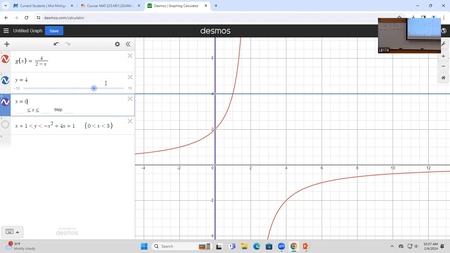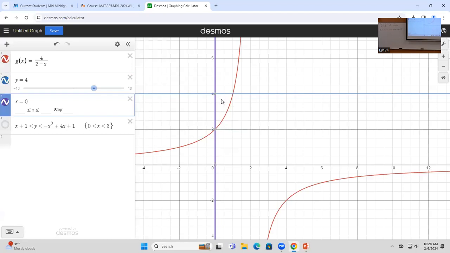Now, do you see the bounded region? The bounded region is the one that looks a little triangular. It's not quite a triangle because it's not a straight line.